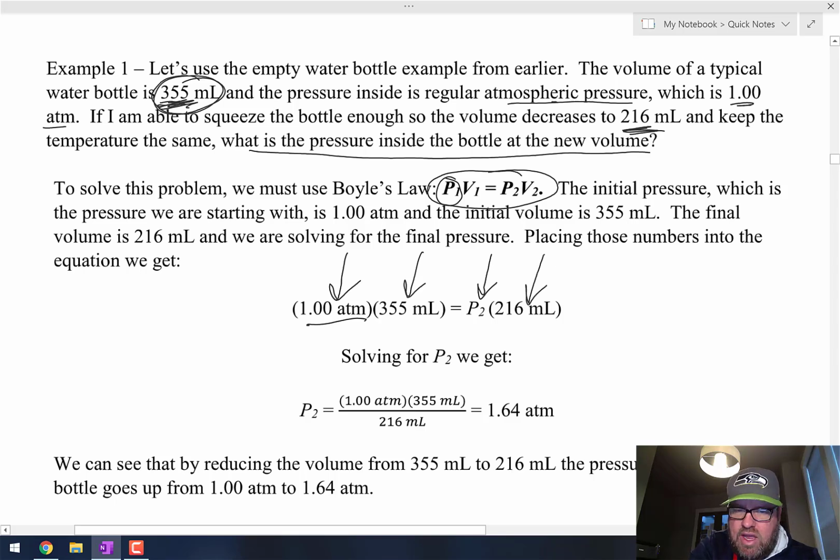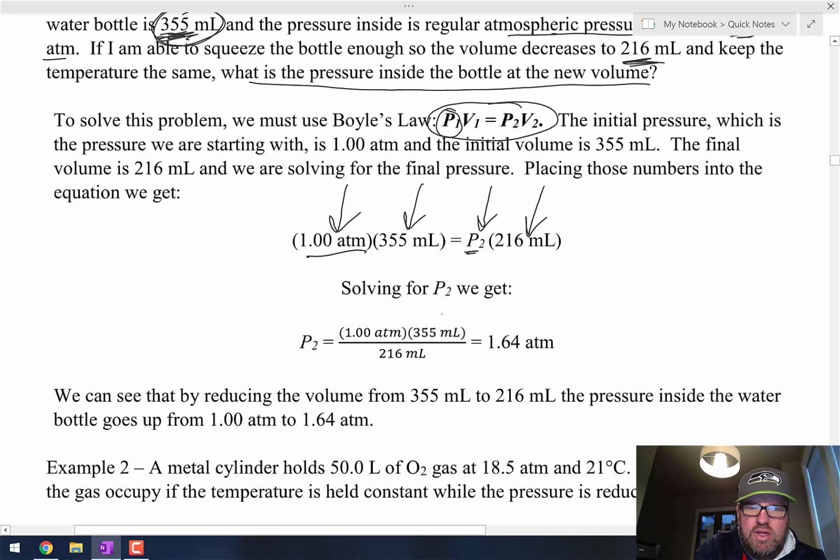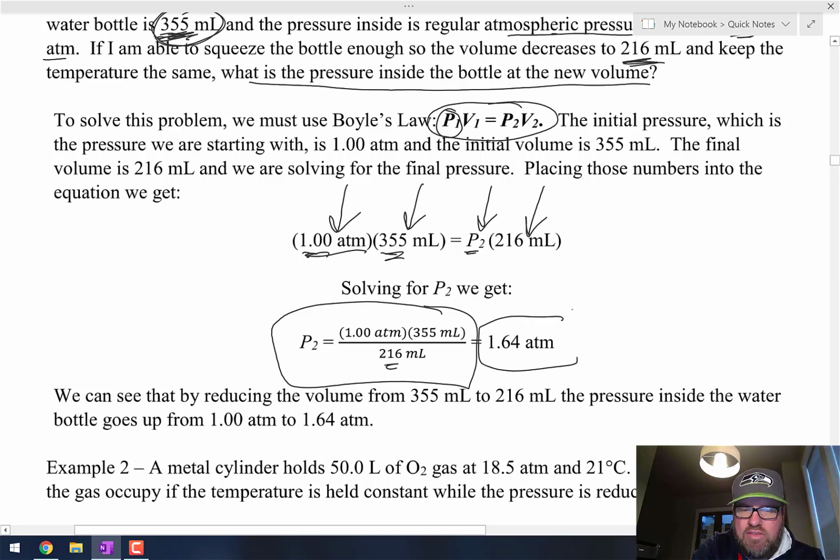So basically, again, using algebra to find P2, we simply have to divide by 216. So we can see that here, that I took 216, I divided, moved it over to the other side. So I take 1 times 355 divided by 216, and the final pressure inside of there is 1.64 atmospheres.